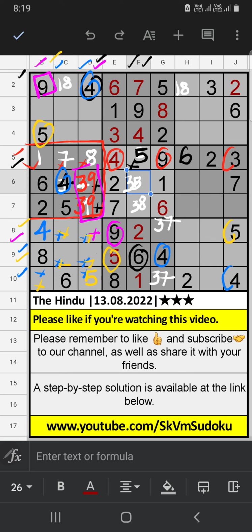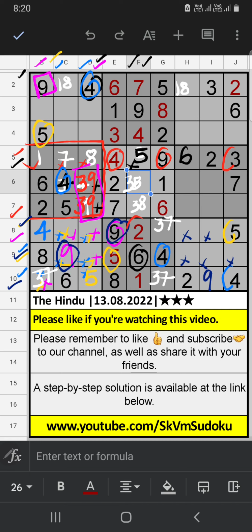So 9 can't come in these cells. The 9 is confirmed here. 8th row and 9th row, we have 9. So 9 can't come in these cells. Then 9 is confirmed here. Then 10th row, 2 numbers are remaining, 3 and 7. It will come in one of the 2 cells. We will confirm later.